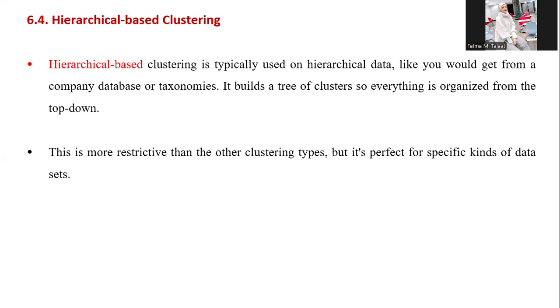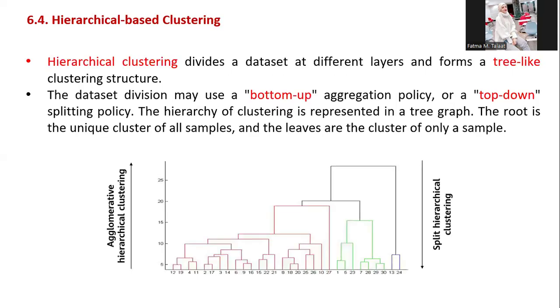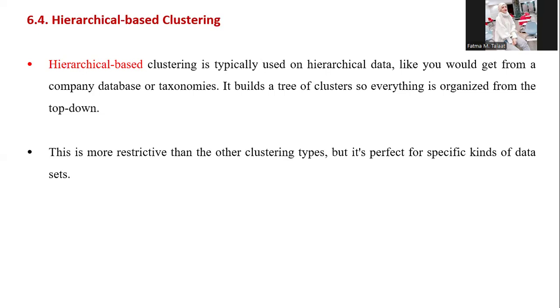Hierarchical based clustering is typically used on hierarchical data, like you would get from a company database or taxonomies. It builds a tree of clusters so everything is organized from the top down. This is more restrictive than the other clustering types, but it's perfect for specific kinds of data.